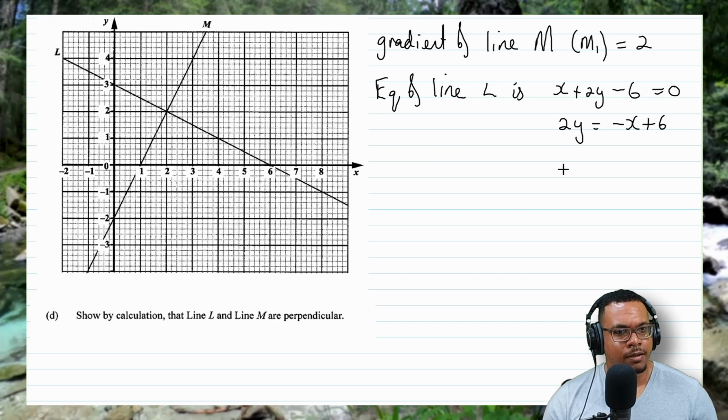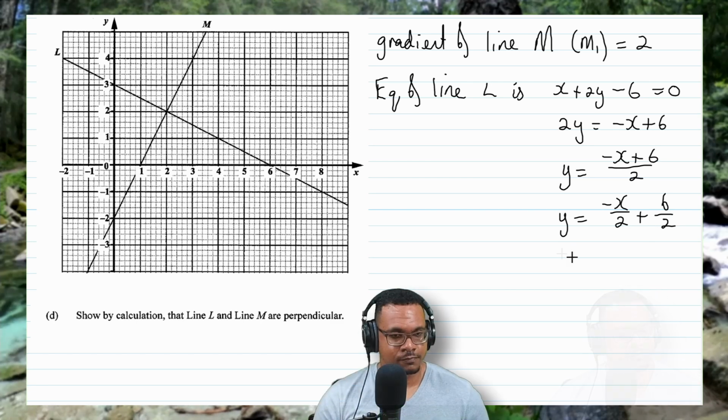Now we'll bring the 2 across. So this is 2 multiplied by y, and when you translate across, the operation changes to division. So you have negative x plus 6 over 2. So now we write that as negative x over 2 plus 6 over 2, which is negative a half x plus 3.